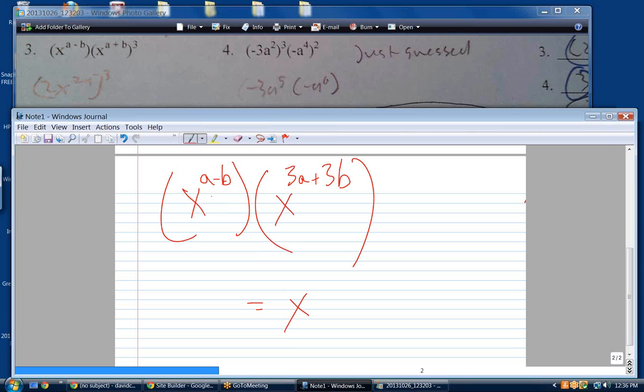When we have the same base, different exponents, we're multiplying, we add the exponents. So a minus b plus 3a plus 3b would be 4a plus 2b. Yeah, actually, you're right. That's it.